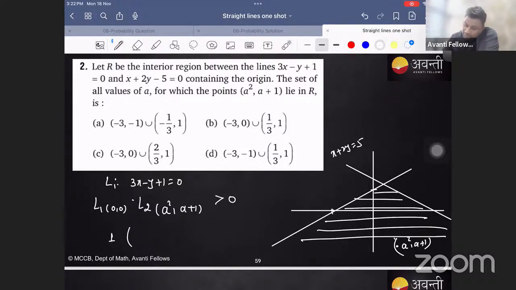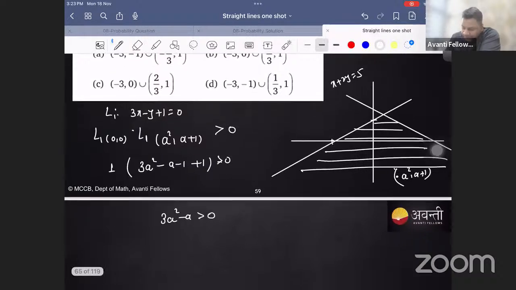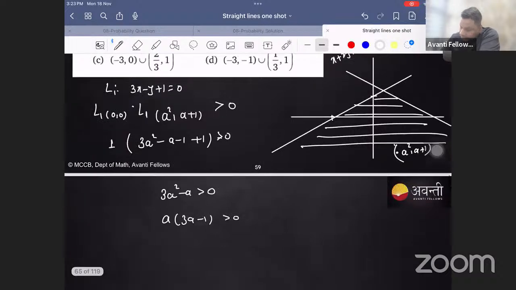At (a square, a plus 1), no, this is also L1. L1 should have both the points on the same side. So L1 will be 3a square minus a minus 1 plus 1 more than 0. So it will be 3a square minus a more than 0. A into (3a minus 1) more than 0.